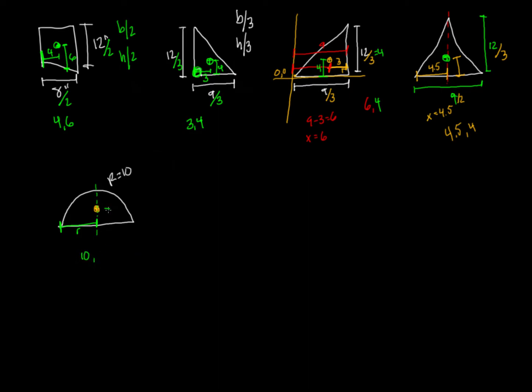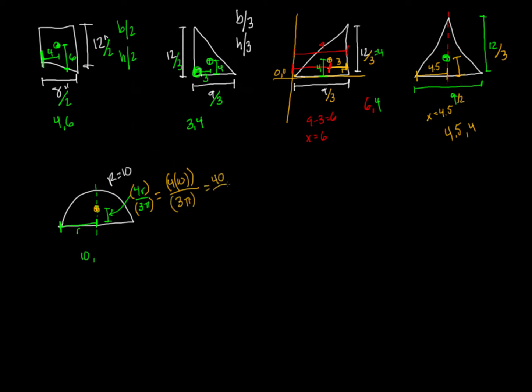So then how do we find this? What we're going to do is 4r divided by 3 pi. Now it's important that you separate the numerator and the denominator, and do them separately, because that's the way the formula is formatted. So we're going to do 4 times 10 on the top, divided by 3 pi.